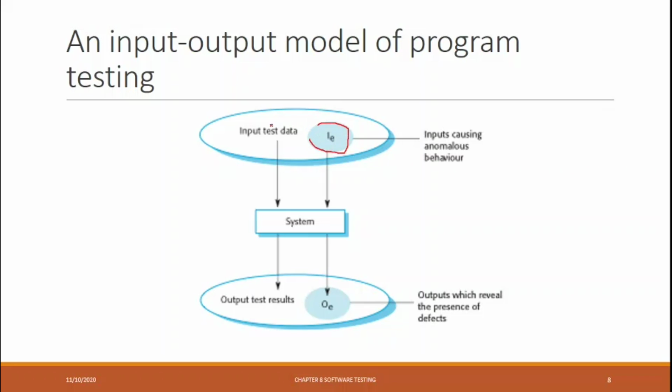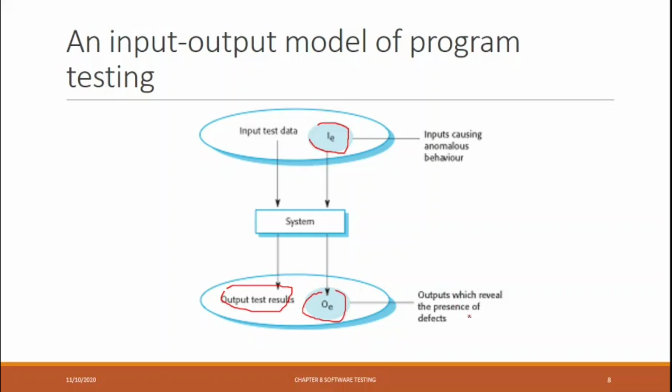These are all correct inputs, and this is the one wrong input that causes anomalous behavior. The correct input produces the correct output on this side, and the wrong input produces a wrong output.